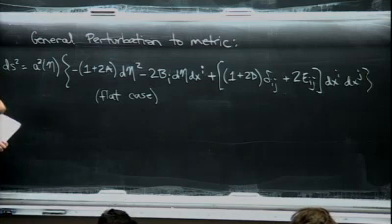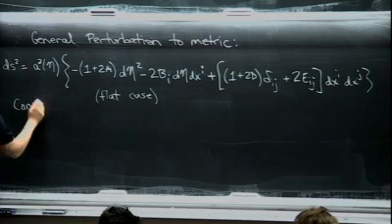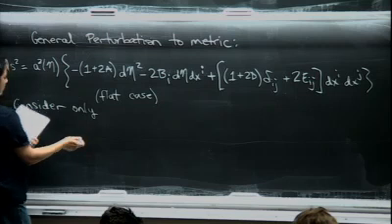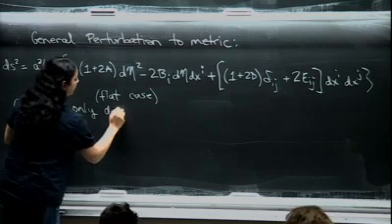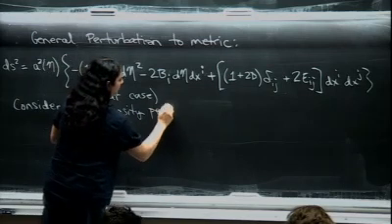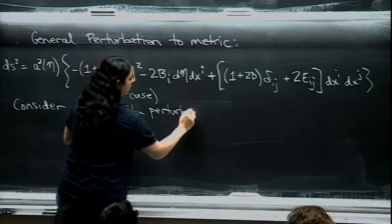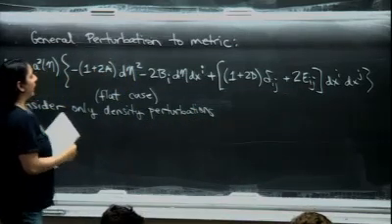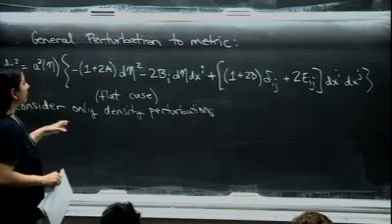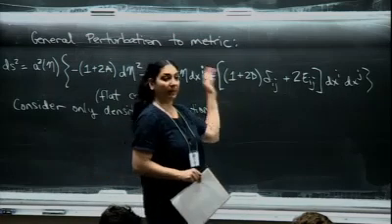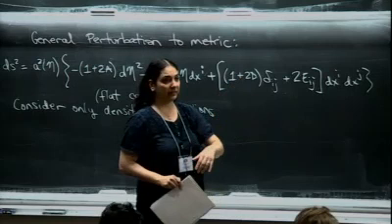Now, if you look in the Dodelson Modern Cosmology book, when he does this he's just considering density perturbations. So if we consider only density perturbations, what I mean by that is that, for example, we're not considering tensor perturbations, like primordial gravity waves would give us tensor perturbations.